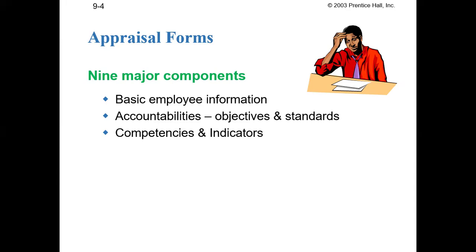And there's also accountabilities, objectives, and standards. Okay, and here, it depends on if the organization adopts a results approach or a behavior approach. So if it is a results approach, this section will include the name and description of each accountability objectives agreed upon by the manager and employee.